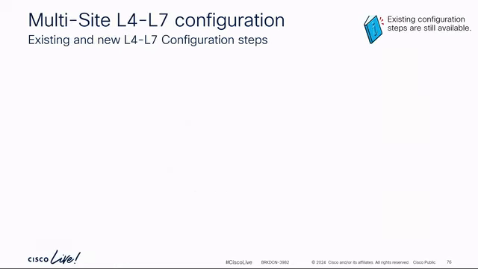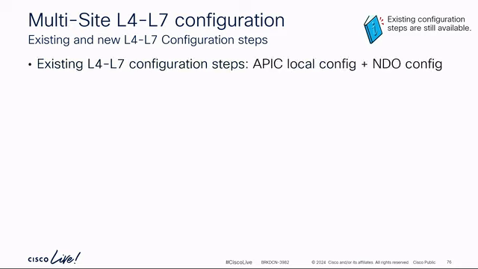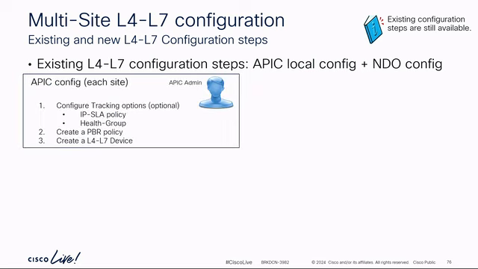Then when it comes to multi-site, we've been supporting multi-site PBR since ACI 3.2, but we need to configure APIC locally and also NDO. So we have 2 separate locations. Firstly, the APIC admin in each site needs to create the L4-L7 device, PBR policy, and IP SLA tracking policy.